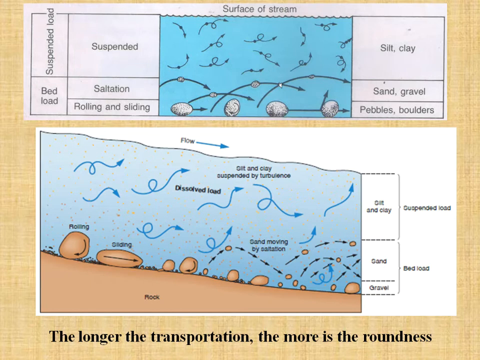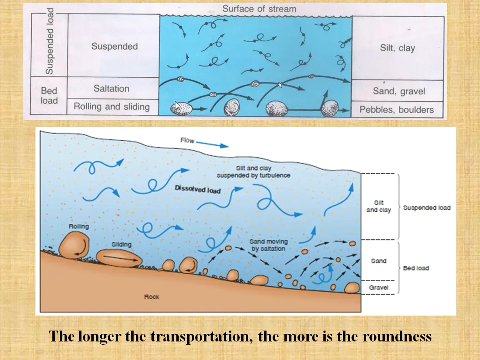Now the larger ones like the boulders and the pebbles, and the still heavier ones like the sand and the gravel, which the size we saw in the last slide, they are categorized as the bed load. That means these size sediments, pebbles, cobbles, gravel and sand, they move almost all along the floor of the river channel.